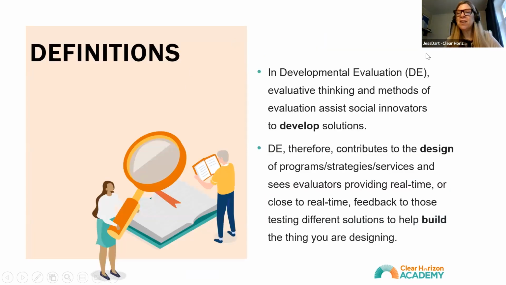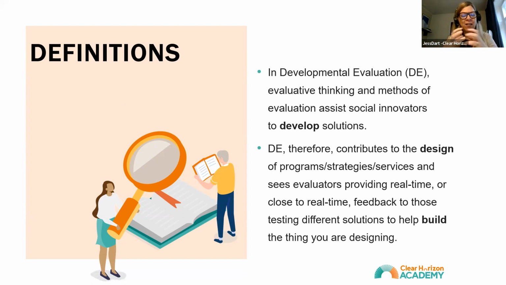Okay, so the formal definition is that in developmental evaluation, we use what we call evaluative thinking and methods to help social innovators develop solutions. For that reason, it contributes to the design of whatever it is that you are doing: programs, strategies, services.